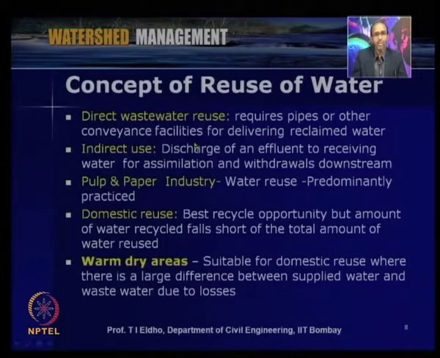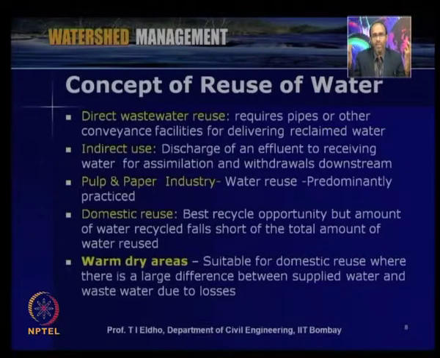For example, if two or three cities are located at different places along a river, the upstream city withdraws the water, and after use and treatment, the wastewater returns to the river as effluent. Through natural processes, this water becomes reusable again for the next city. So, that is how indirect use takes place.